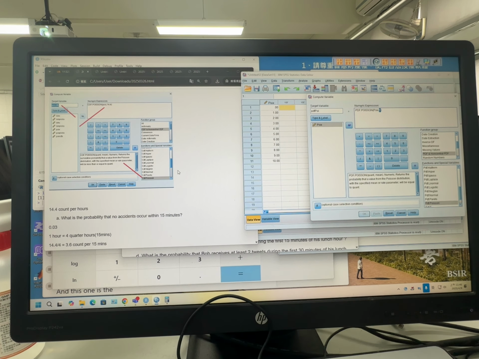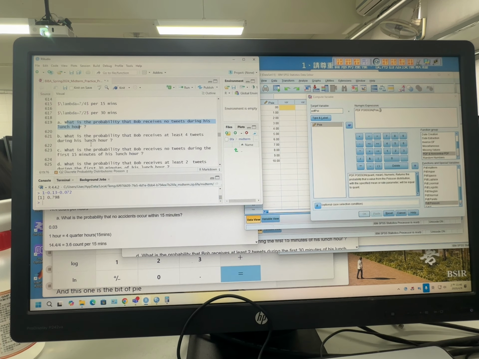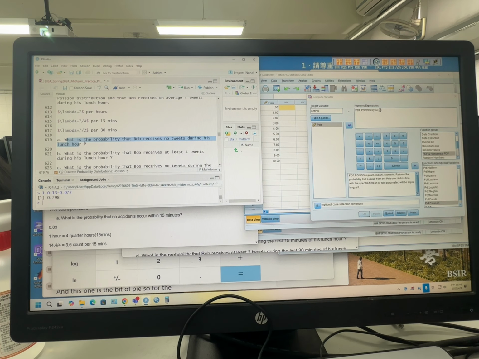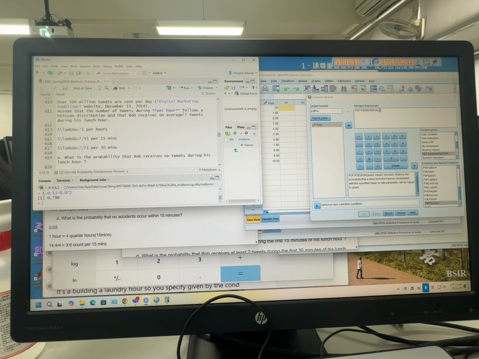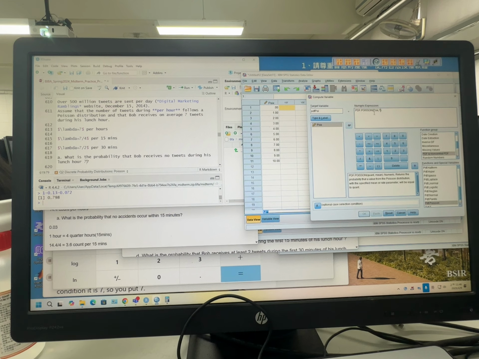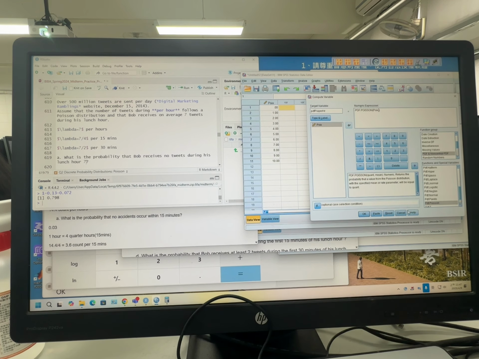You need to specify. So for question A, it's during the lunch hour. So you specify, given by the condition, it's 7. So you put 7. So POI 1 per hour, and this one will be 7.